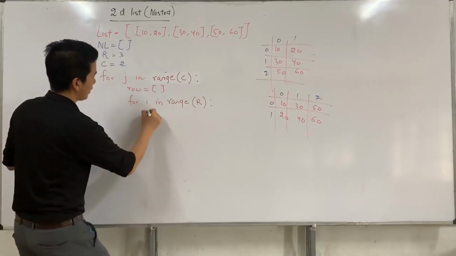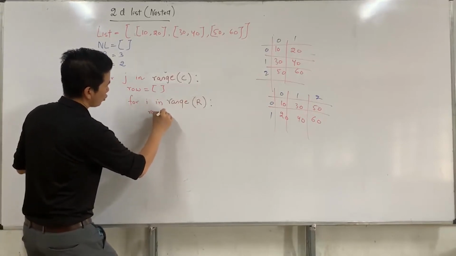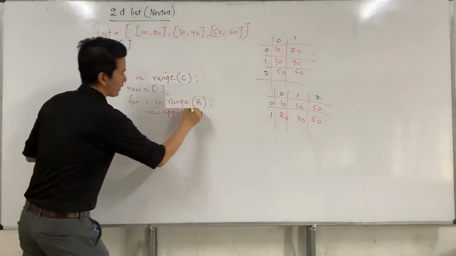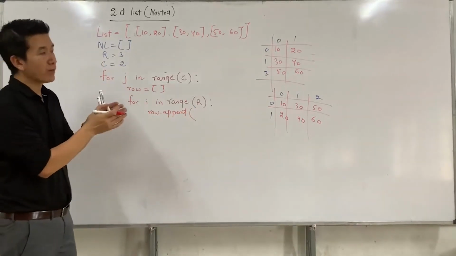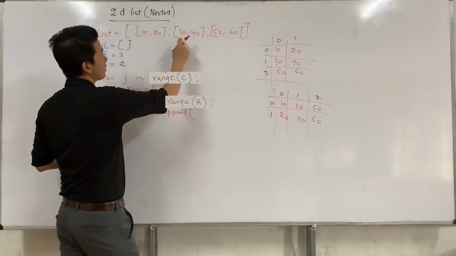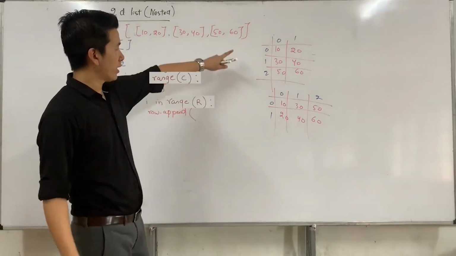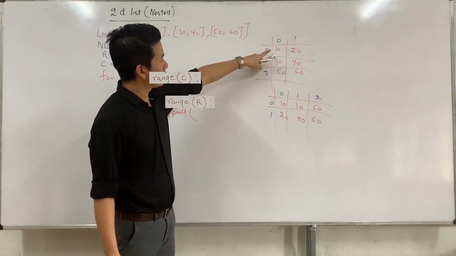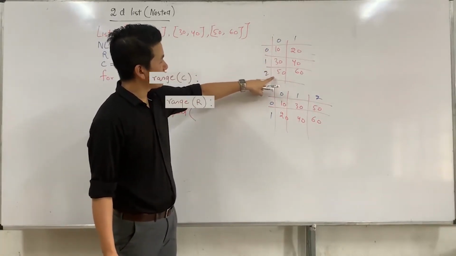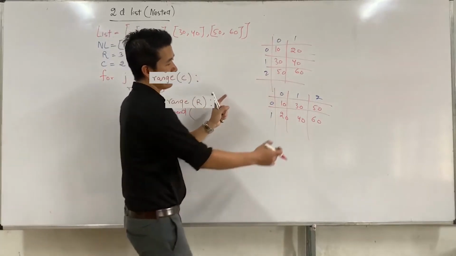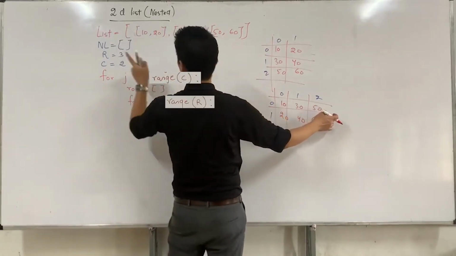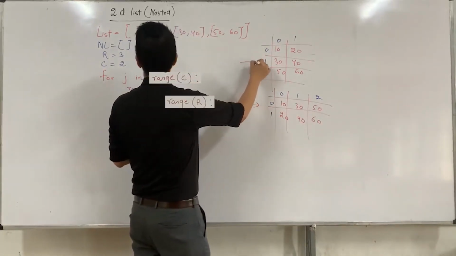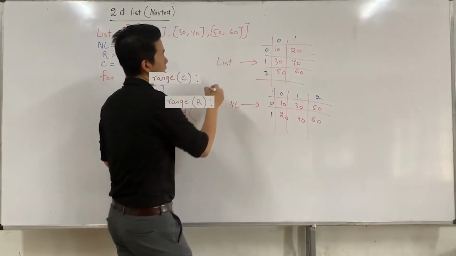The next will be row dot append. Now the question is, how do I refer to 10, 30 and 50? As you could see here, I pick up 10, 30 and 50, and they form the first element of the new list. So this is NL and this is the old list.